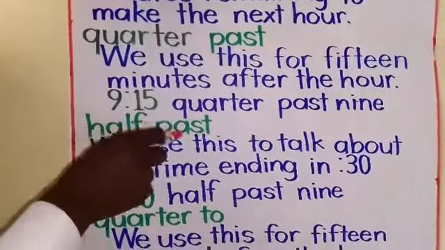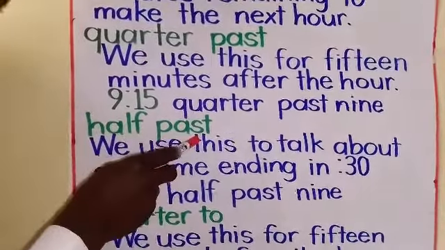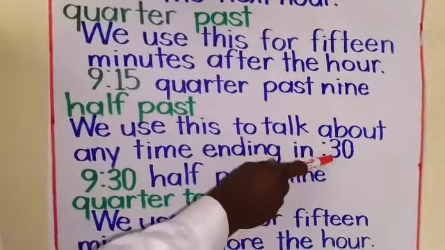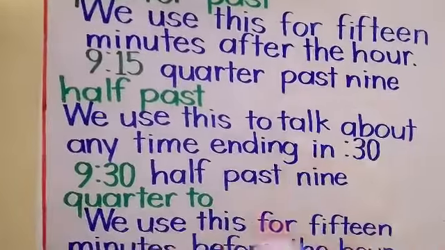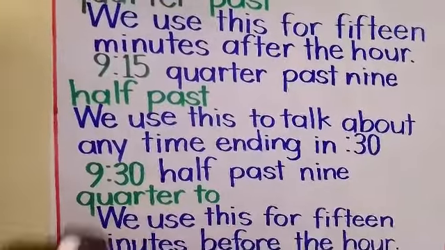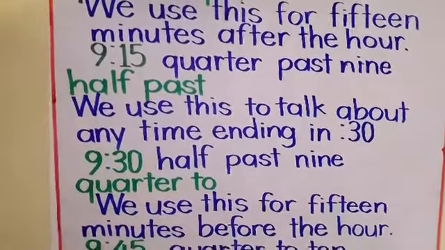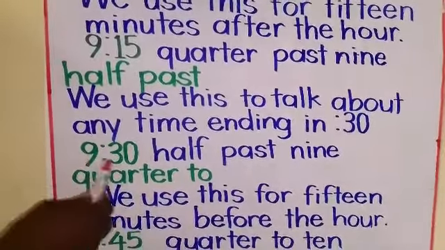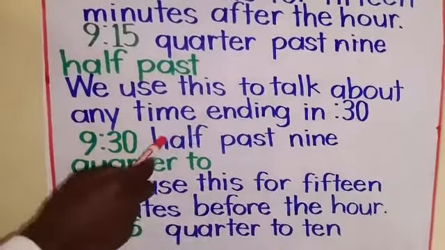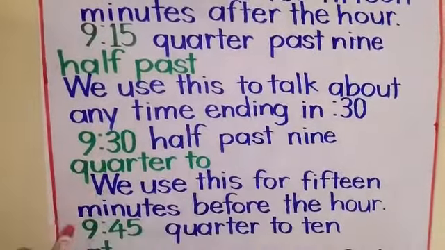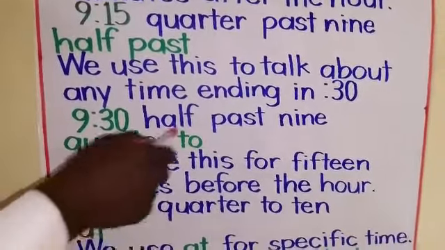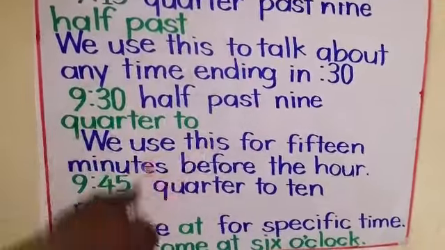Then half past. We use half past to talk about any time ending in 30 minutes. When 30 minutes have passed in a certain hour, you say half past or a half past. So like this one here, we say half past 9. Then another phrase is quarter to, or you can say a quarter to.